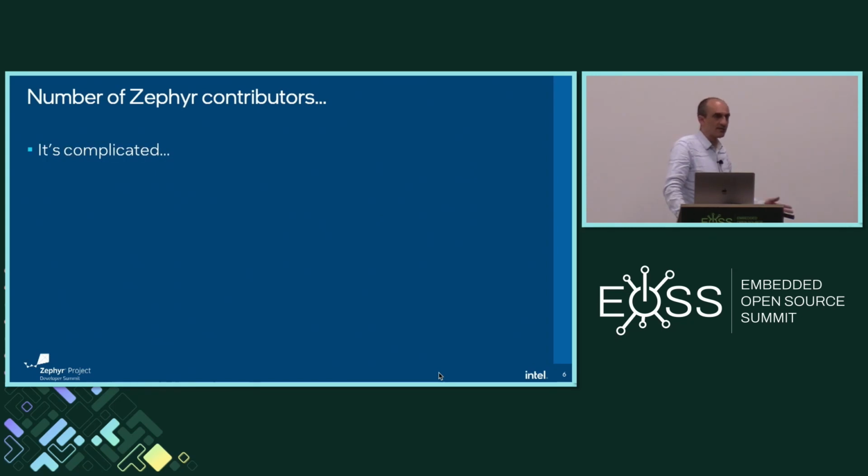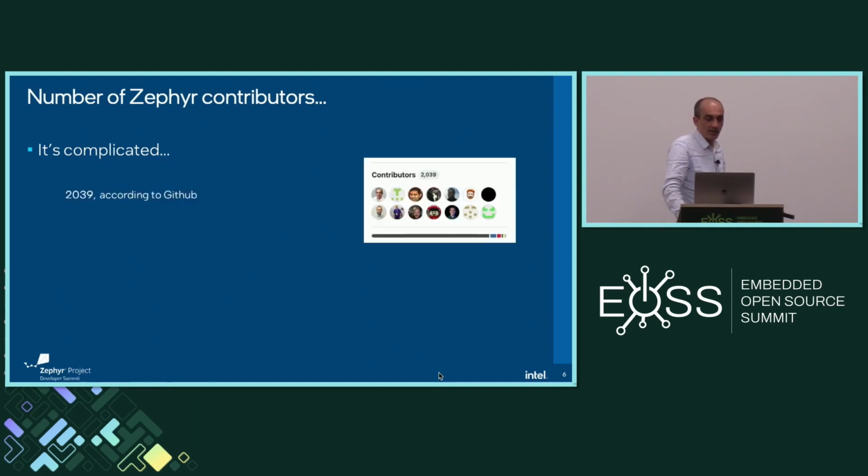It's a matter of definition at the end of the day. On GitHub, you will see 2,039 contributors. That number basically means that since the project was started, based on the code base and how many commits you have there and who has committed, we have over 2,000 contributors.